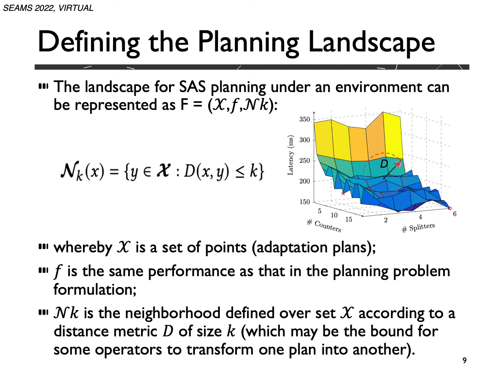This is an example of the planning landscape where the neighbor of a particular point is bounded by a particular length k. As you can see here, the landscape is a combination of different neighborhoods, which may or may not be overlapping.